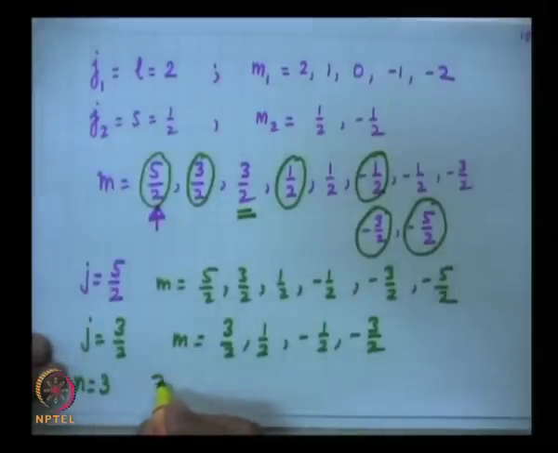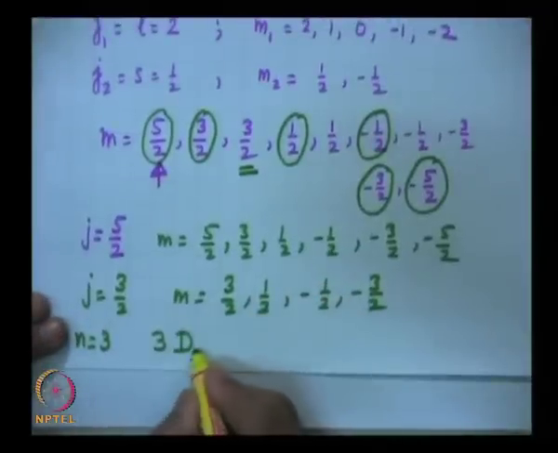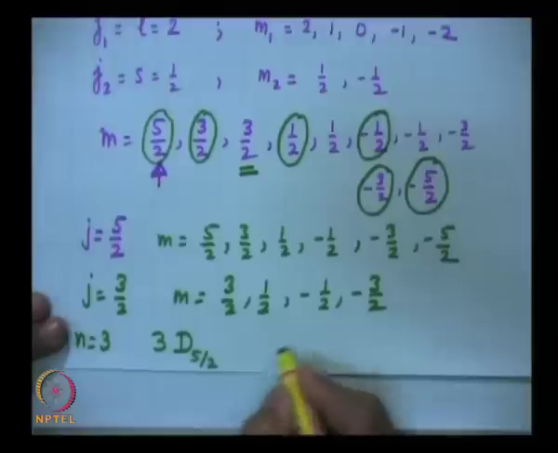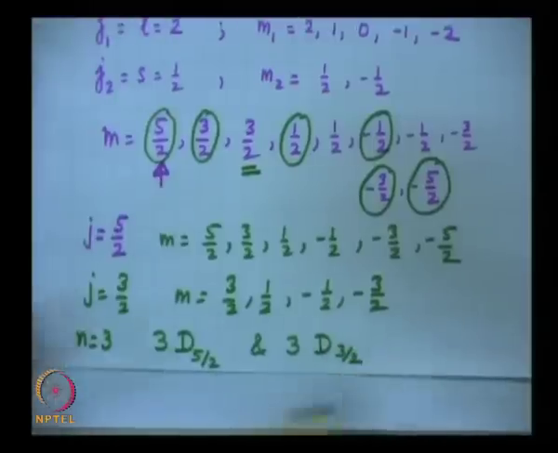So, that is the 3d state, you will have j will be 5 by 2 and 3 by 2, a doublet again d 3 by 2. These are the two states corresponding to L is equal to 2 in the hydrogen atom problem when we discuss the interaction of the orbital angular momentum and the spin angular momentum.